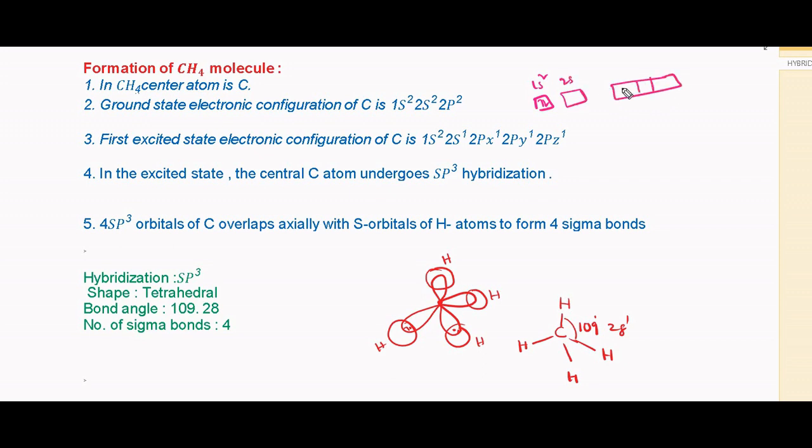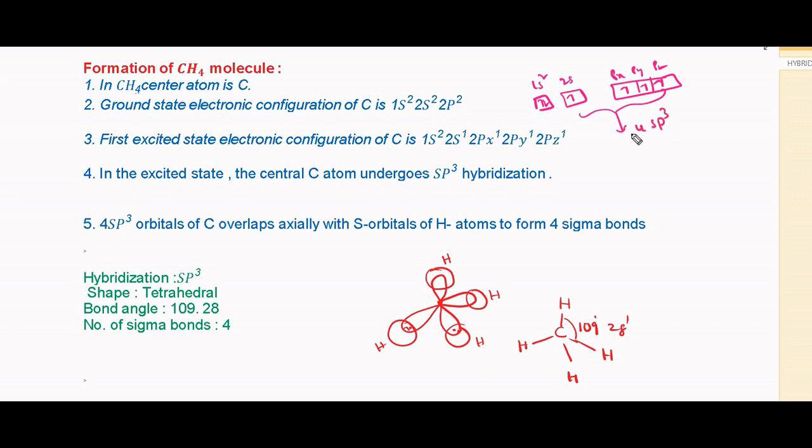The p orbital already has 2 electrons. One s electron moves from here to here. This is px, this is py, this is pz. These 4 atomic orbitals, 1, 2, 3, 4, intermix to form 4 sp3 hybrid orbitals.